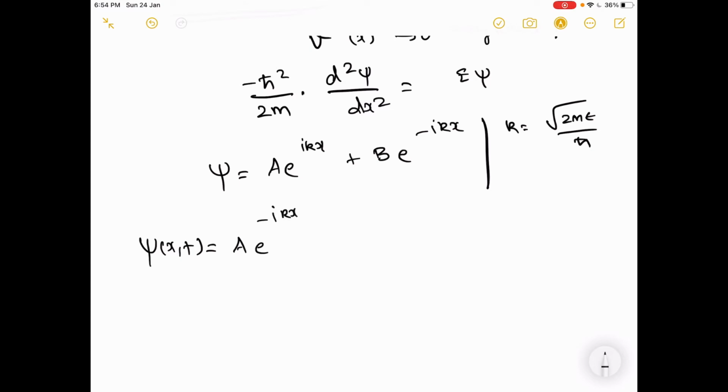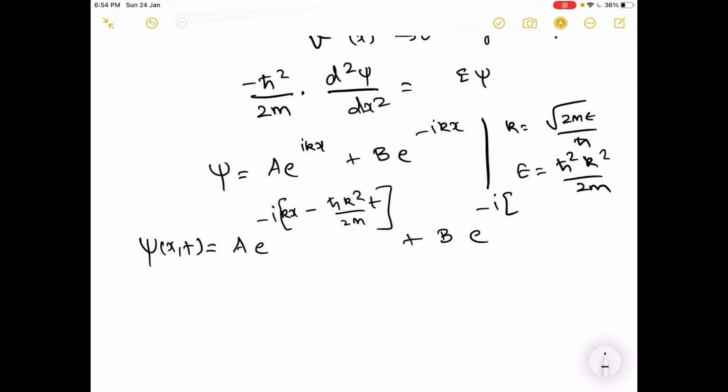A e power i times kx minus h bar k square by 2m t, right, because it is minus iE by h bar t, and E is h bar square k square by 2m, so I just substituted that here, plus B e power minus i times kx minus h bar k square by 2m t, right? I'm just making it time dependent by multiplying the psi of t component from our previous derivations.